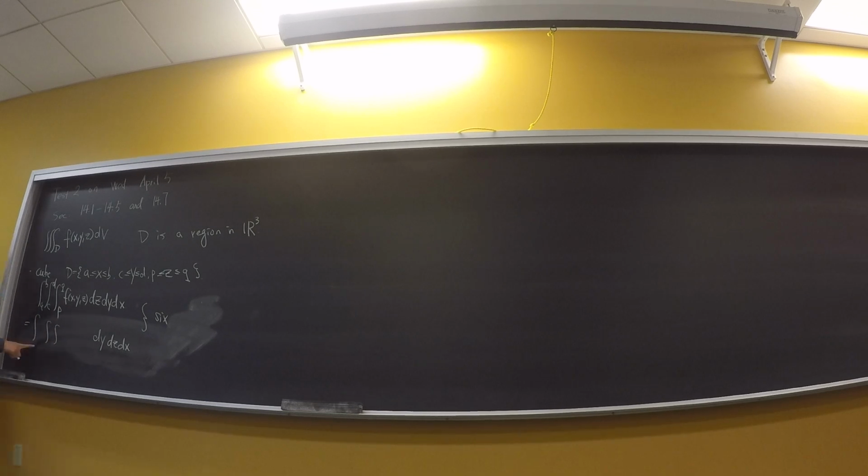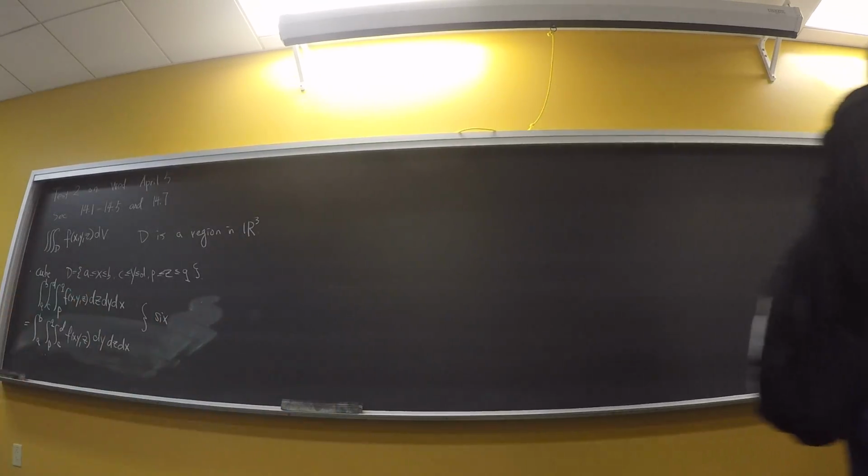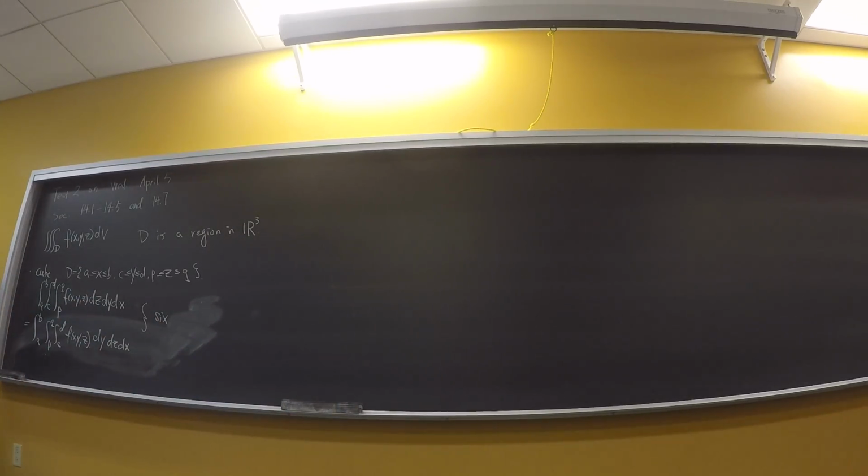So x goes outside, so I still have to have a and b on the outside. z goes to the middle, so it's p and q, and y is c and d. Same integrand. And this is how you put down a triple integral if the integrating region is Q. You can write it down in either one of the 6 representations.